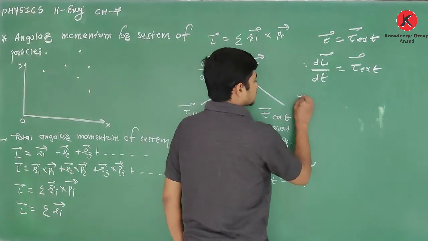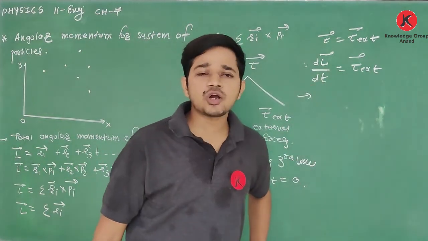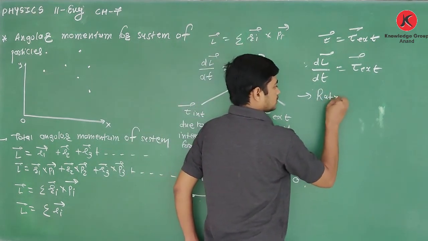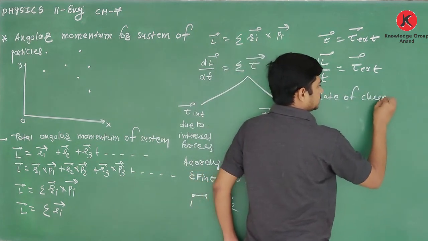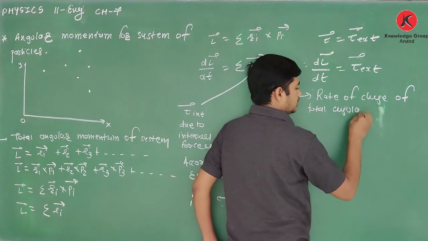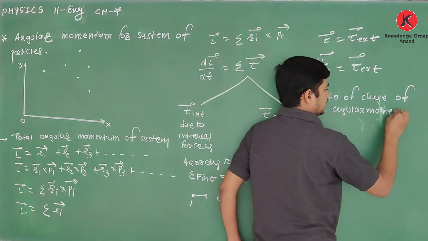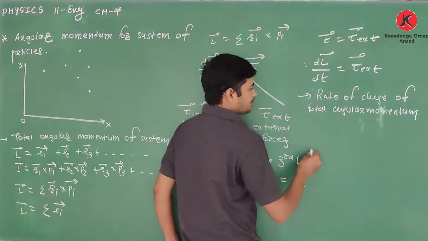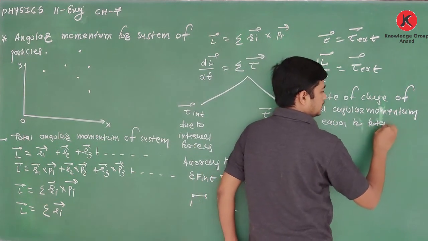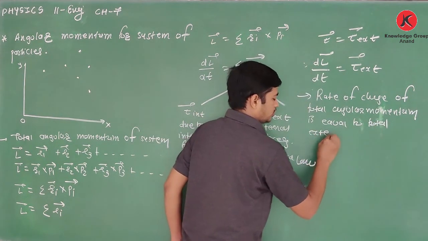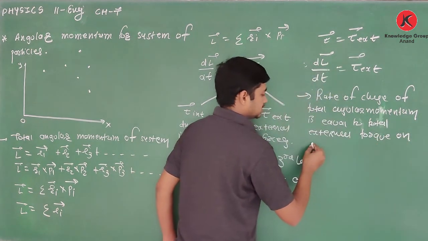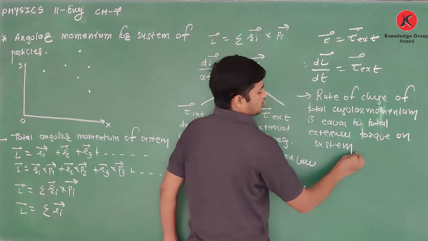So yes, for a system of particles, the rate of change of total angular momentum is equal to the total external torque on the system.